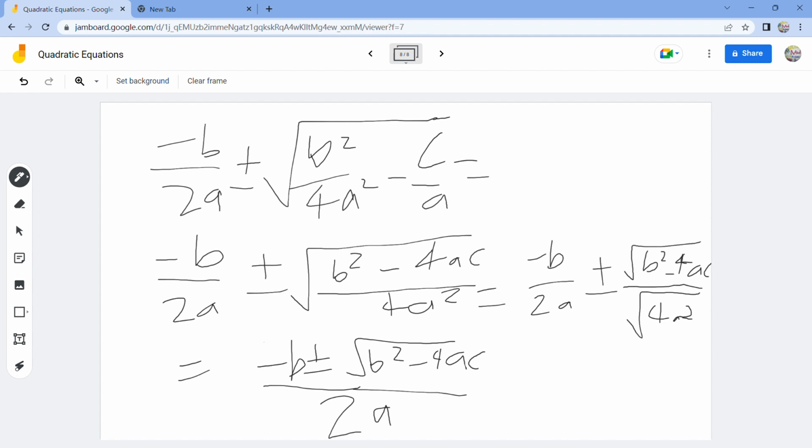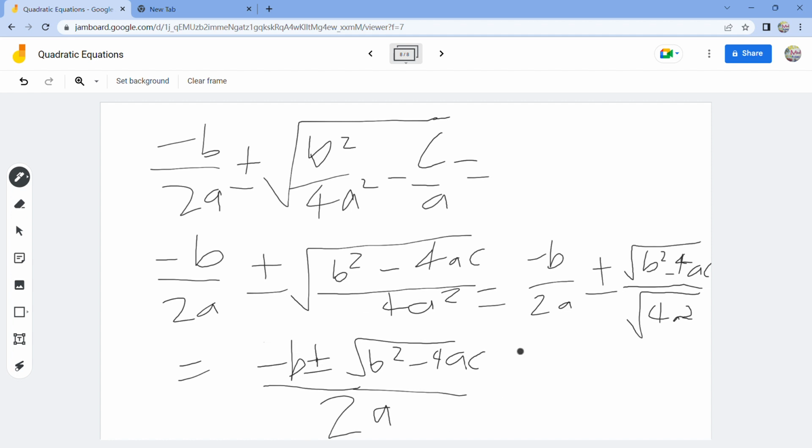Okay, so now therefore this is what we get. Minus b plus or minus the square root of b squared minus 4ac, and the whole expression over 2a. Ta-da! I used the magic and proved the quadratic formula.